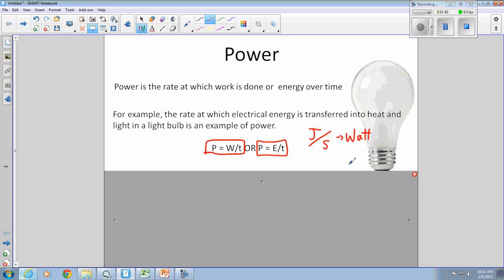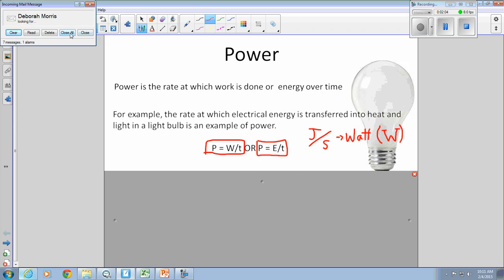Watt. Most people generally use W for watt. I'll add a couple of lines at the top to distinguish it from work, just so it doesn't get confused with work. But the unit for power is the watt, and that comes from joules per second.